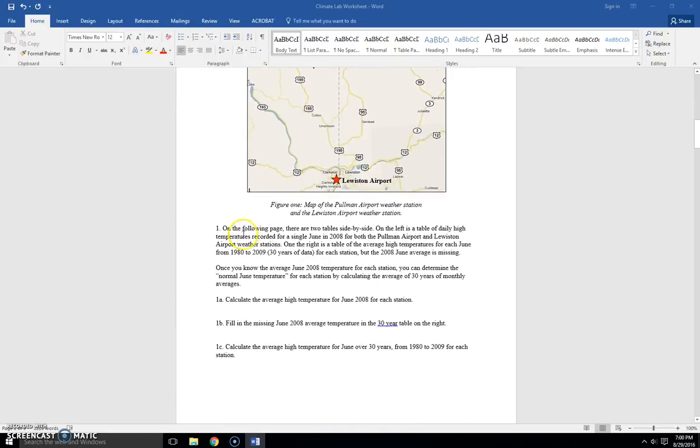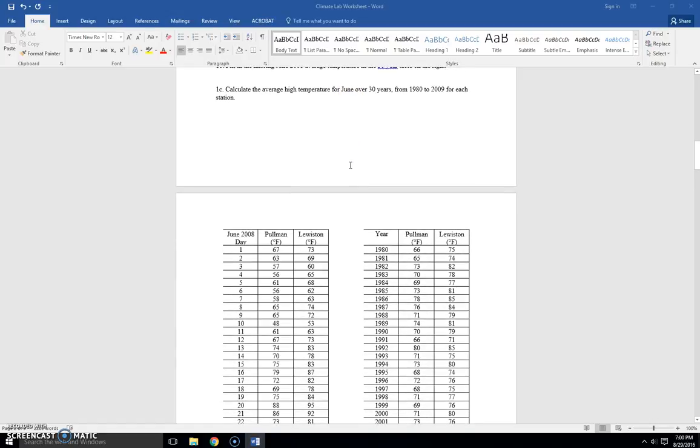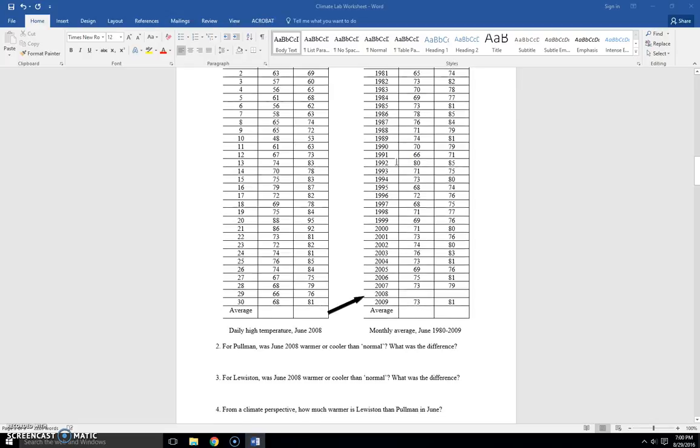So you go through the worksheet and you calculate the average high temperature for June of 2008 for each station, and then you calculate the average high temperature for June over the past 30 years. And here's the data for that.